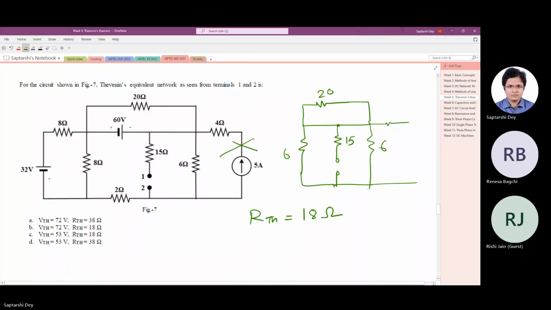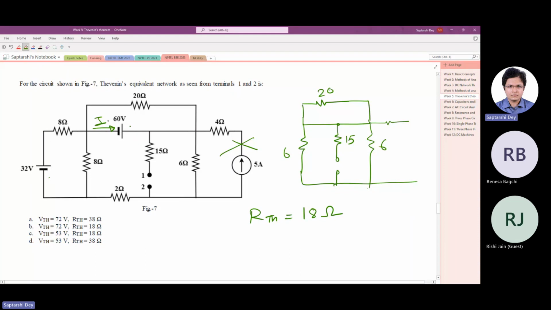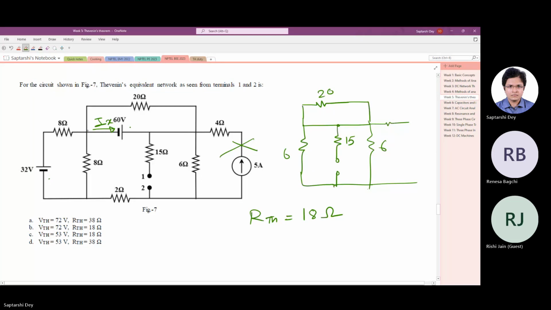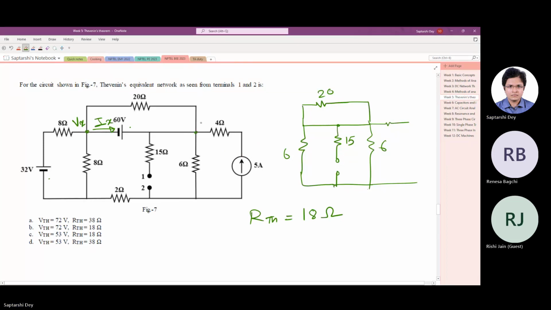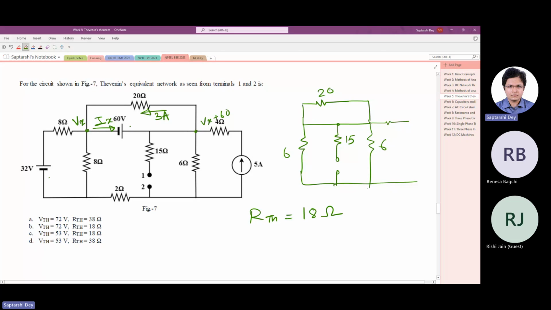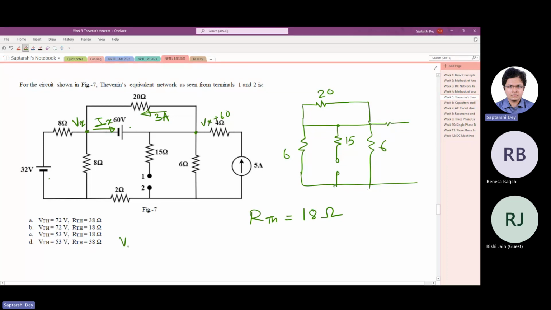Let us say a current Ix flows in this direction, and say we have Vx here, and if this is Vx, we know that this is Vx plus 60, and there must be 3 ampere current flowing in this direction. Okay, let us write the equations.